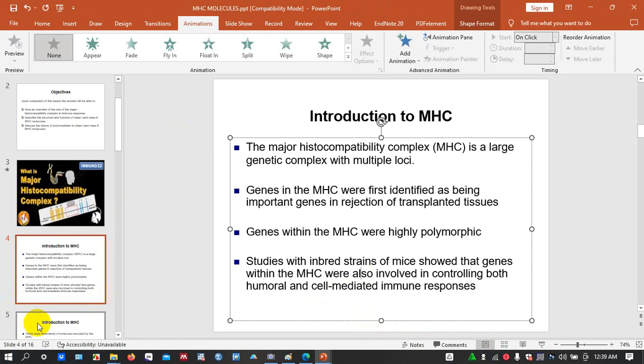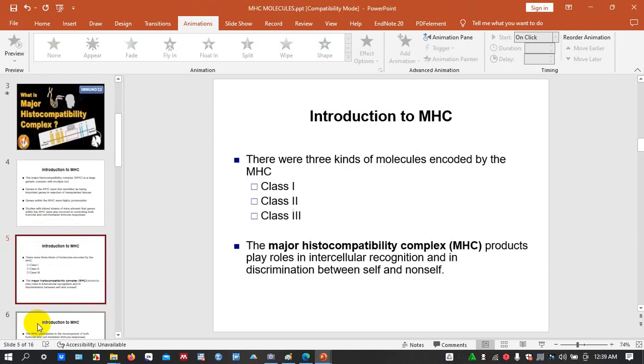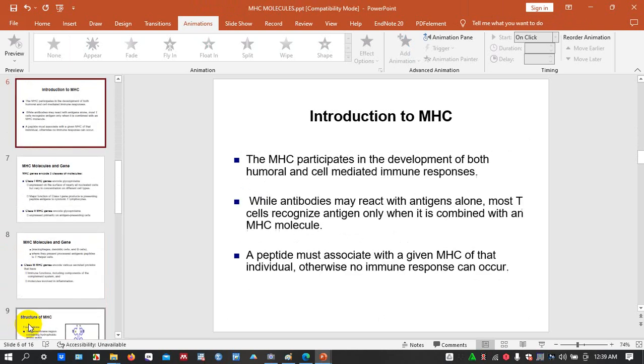The major histocompatibility complex, or whenever you hear MHC, is a large genetic complex. There are 3 kinds of molecules encoded by MHC: class 1, class 2, and class 3.